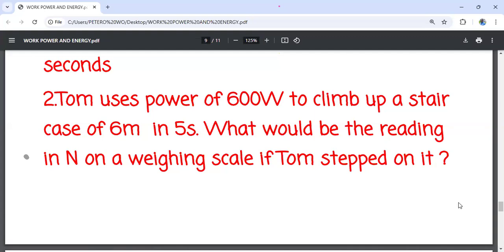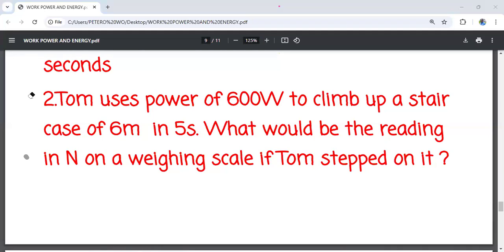So they have given us the power, we have the distance, we have the time. The only thing that we don't have is the force. So they want us to calculate the force in newtons. What do we do here?